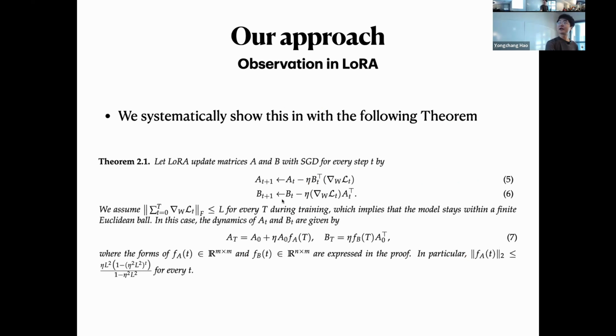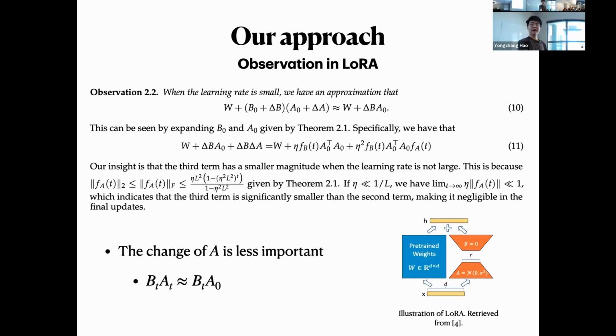By applying this, we can get some dynamics like this, and by this dynamics, we form it in this way. And in this way, we show that the change of A is not that important if your learning rate is small. So here's the intuition.